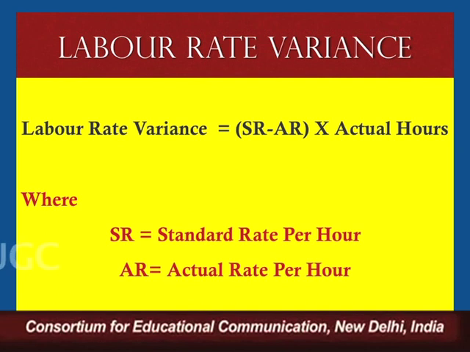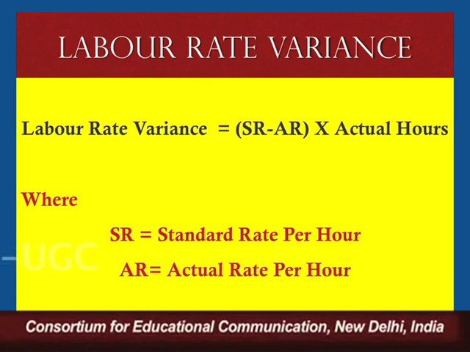So with this understanding of the possible reason for the difference in rates, let's look at the formula of labor rate variance. What is the formula? The formula is labor rate variance is equal to standard rate minus actual rate into actual hours. My dear students, if you recall the formula of material price variance, there the formula was standard price minus actual price, and here in place of price, we have the rate. So standard rate minus actual rate into actual hours.